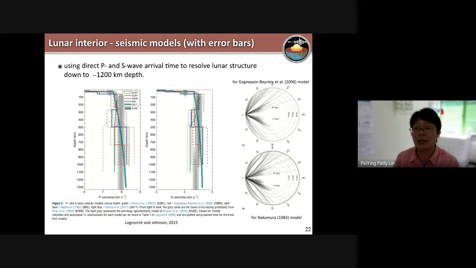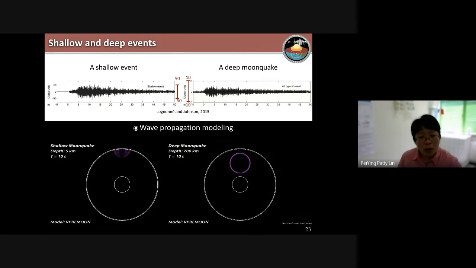When I say simple, I mean that velocity only varies as a function of depth. We don't talk too much about lateral variation. This is what we do differently for other planets, not like Earth, where we have more data.